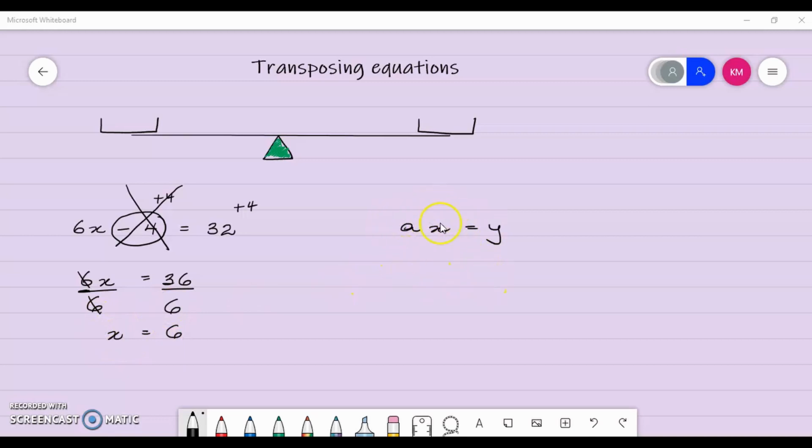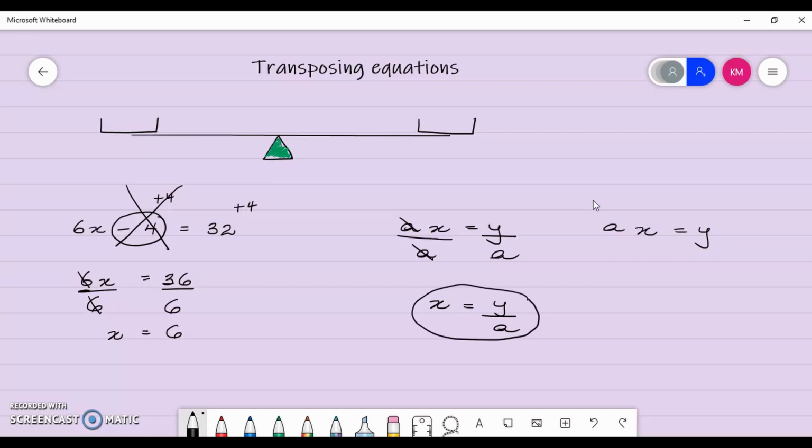Now let's make x the subject of this equation. This means a multiplied by x equals y. So to make x the subject, I'm going to divide by a, because I need to get rid of that a. So across here, I also have to divide by a. So it becomes x is equal to y divided by a. Now remember, you started off with ax equals y and you ended up with this here.